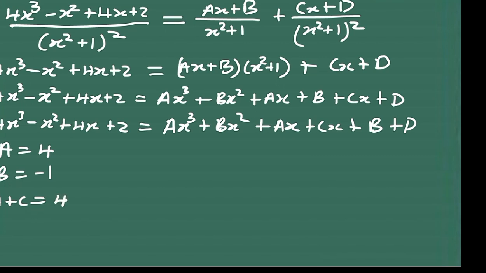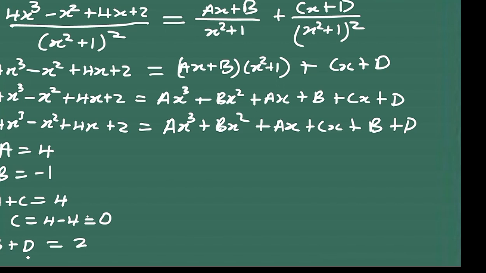Now we know that a is 4, so we can say that the value of c will be 4 minus 4, which is equal to 0. So c here is 0. Now for the constant, we also see that b plus d is equal to positive 2. That is the constant 2. We know the value of b to be minus 1.